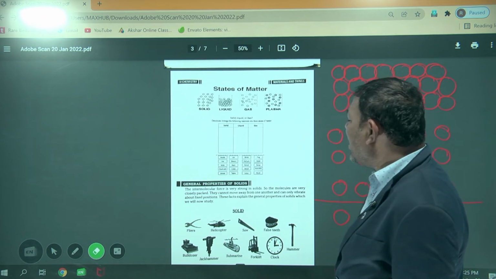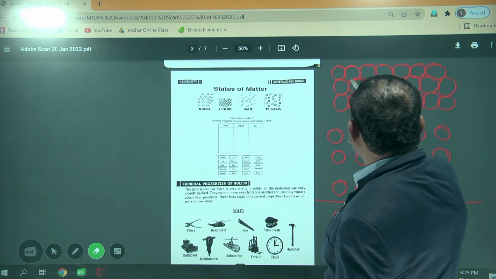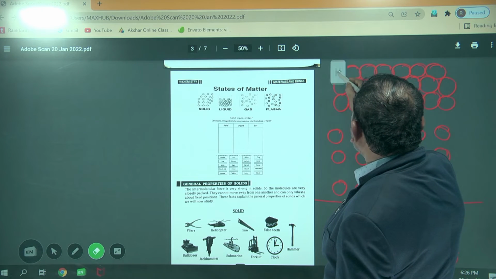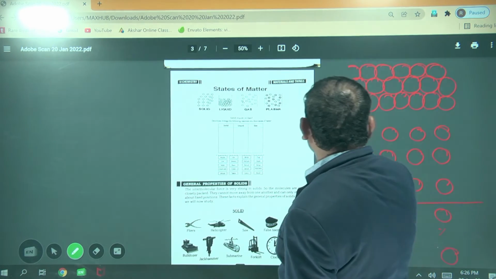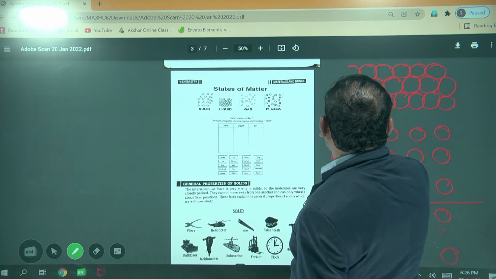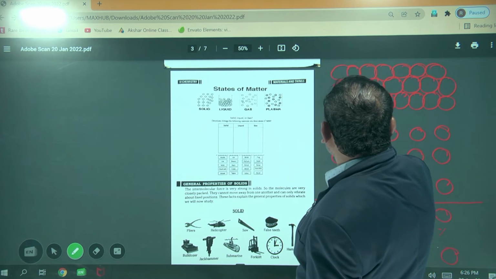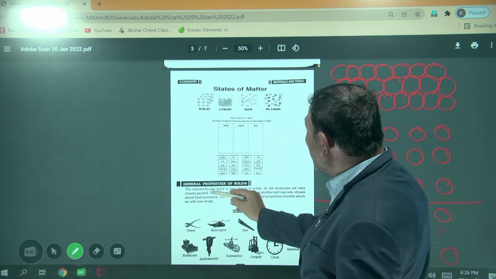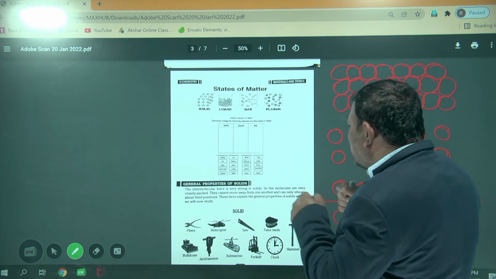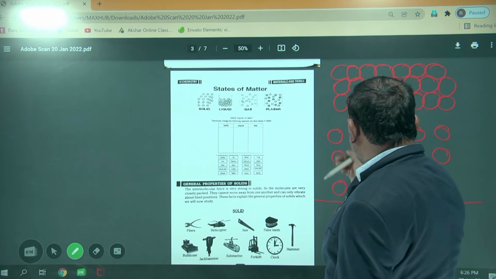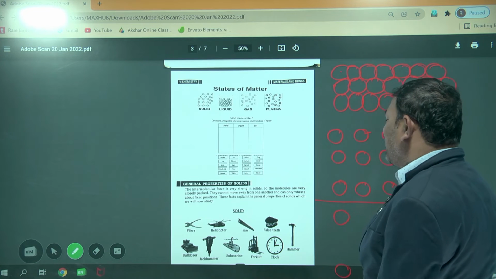You can see that the intermolecular force is very strong in the solid, but in the others it is very weak.